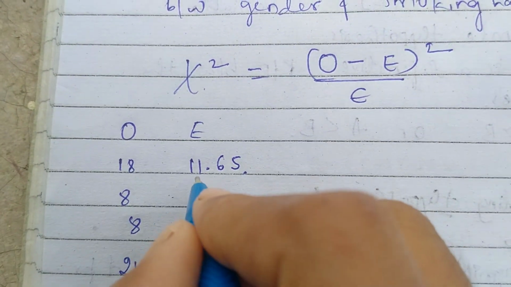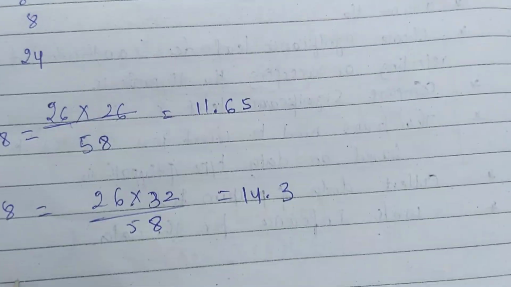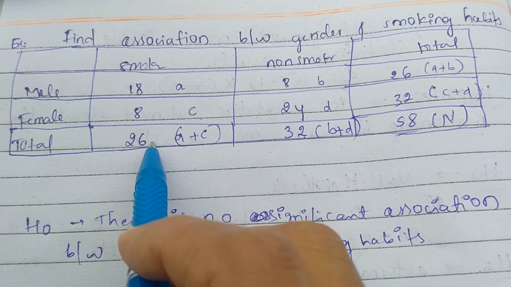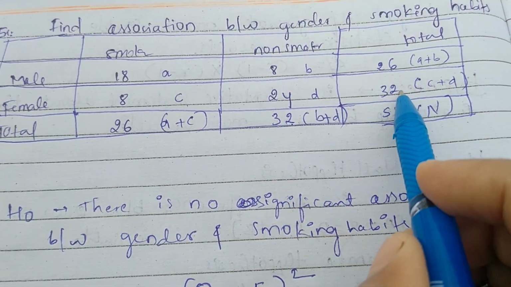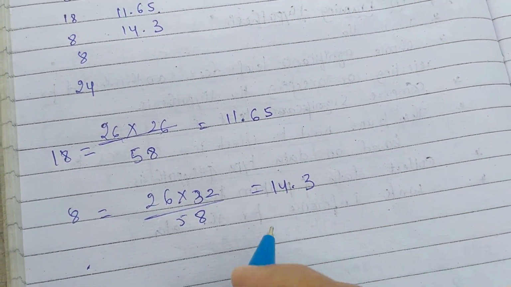We'll keep this as 14.3. Similarly, for the other 8 we have corresponding values 26 and 32, so there's no need to calculate again. It is the same for both of them.